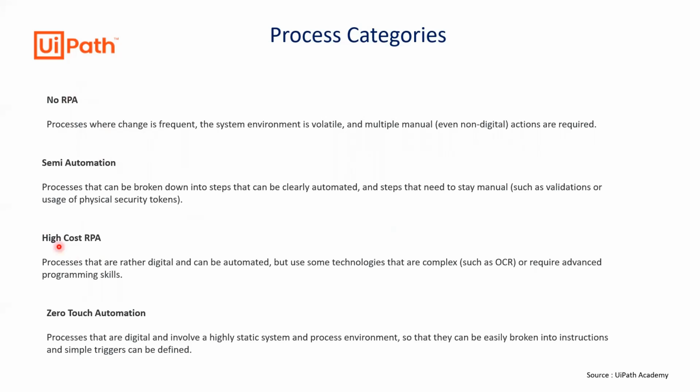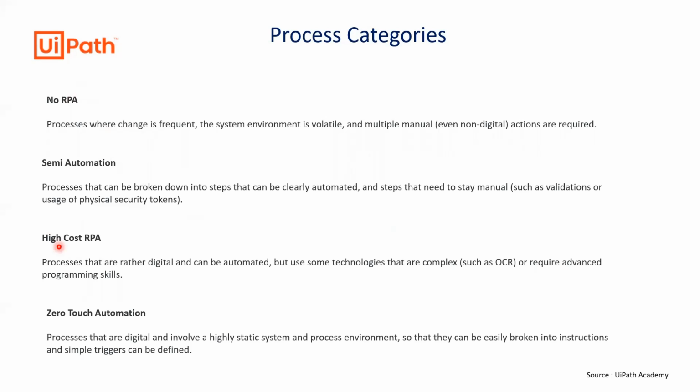So first no RPA, semi-automation. The third category is called the high cost RPA, which means the processes that are digital and can be automated, but they include some complex bits such as OCR, or such as computer vision, right? For computer vision, you would require the computer vision APIs, you would require advanced programming skill, right? So the process is automatable.